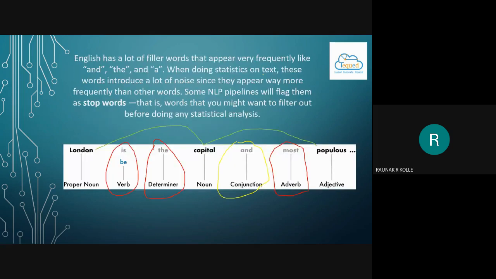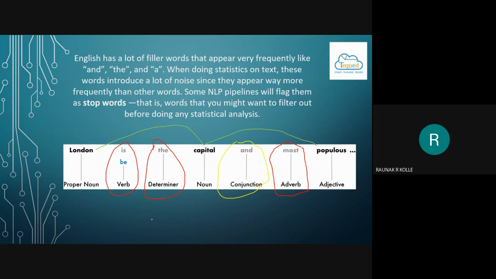Going back to our previous example, user 1 might demarcate the verb, the determiner, and the adverb as stop words and not the conjunction. Hence, through user 1's analysis, the text will become London, and, capital, and populous.